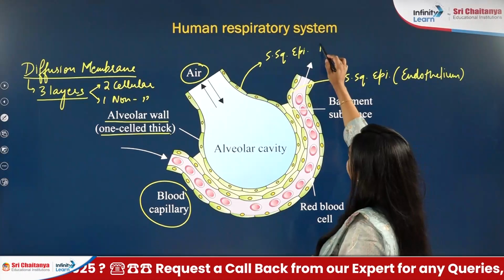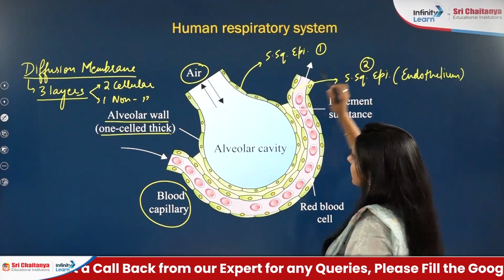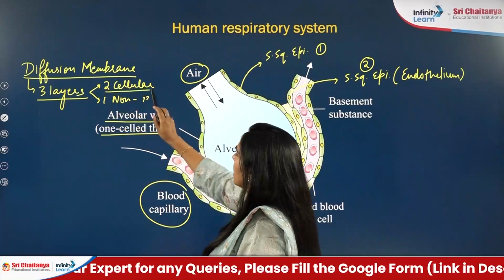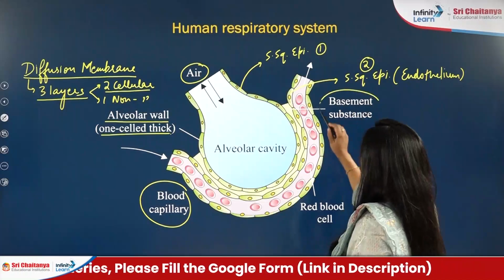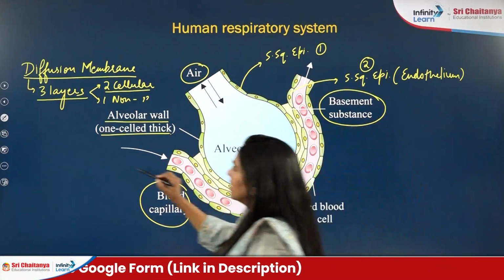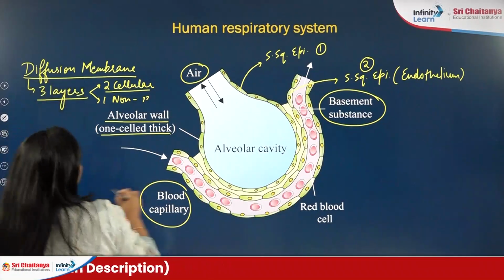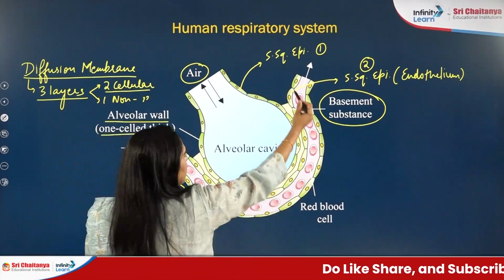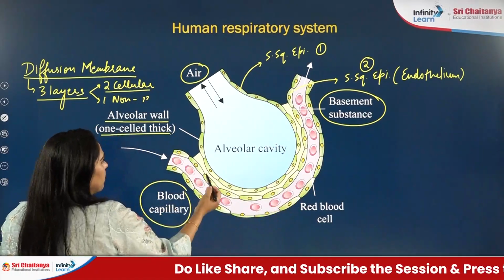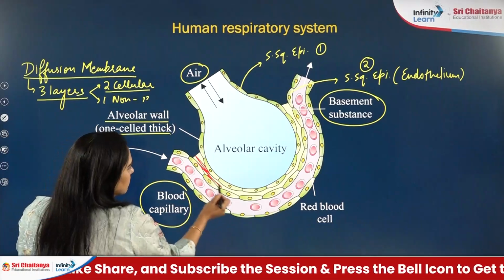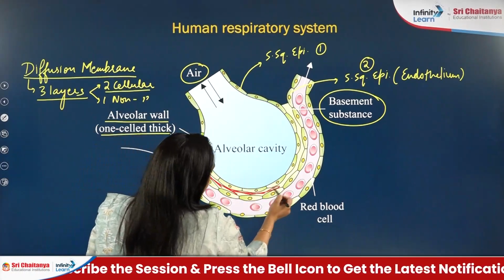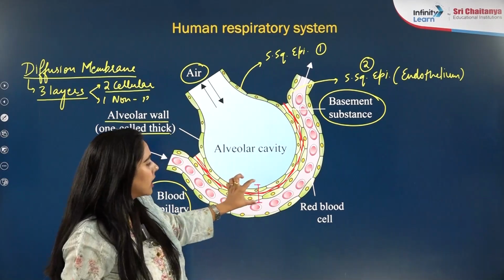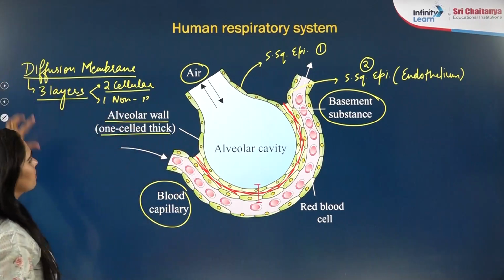In between the two cellular layers, between the alveolar wall and the wall of the blood capillary, you can see a basement substance. So there are three layers in the diffusion membrane.